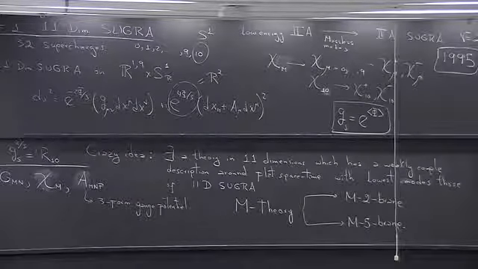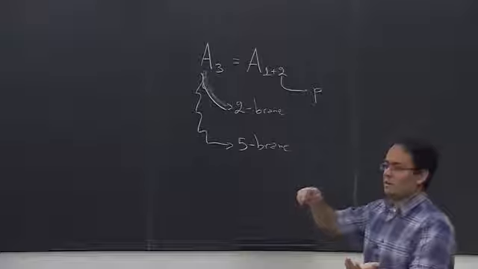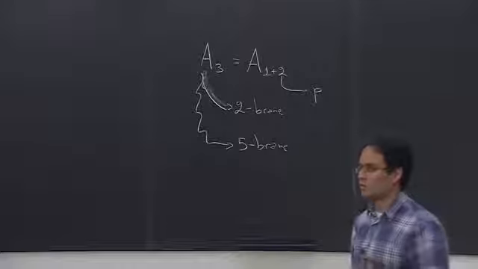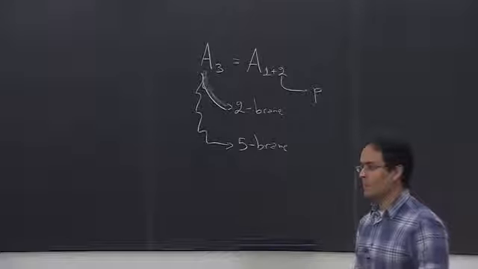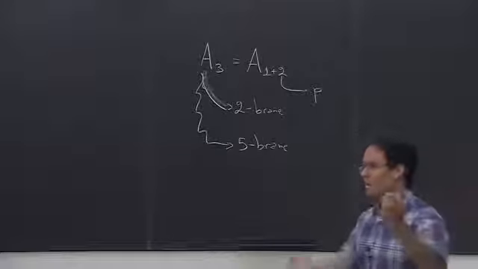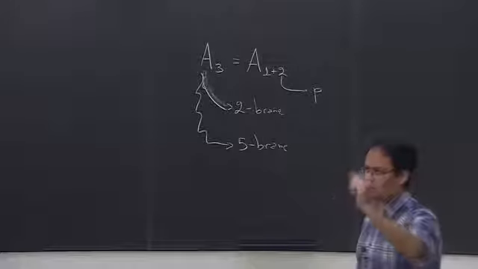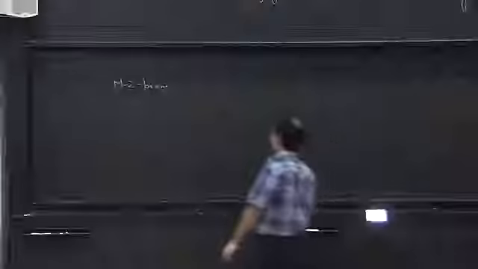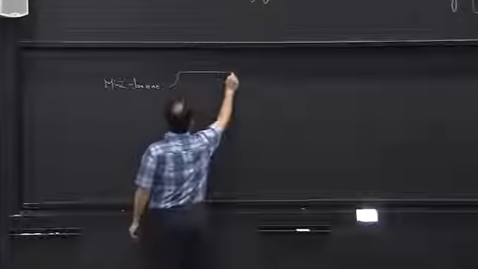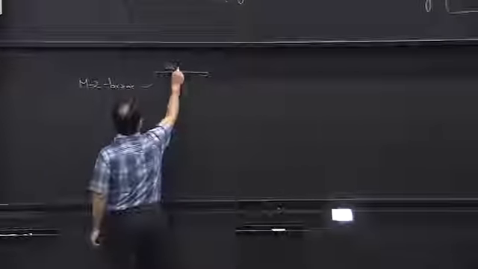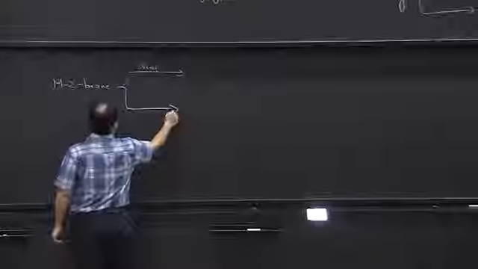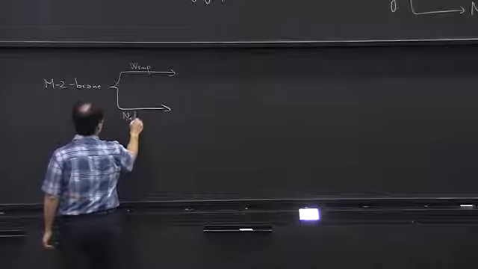So your M2 brane can do two things. Either the M2 brane can wrap the circle that you are compactifying your theory on, or it can just decide to hang around the other directions and not do anything on that compact direction. Okay? So you can choose to wrap, or you can choose not to wrap.